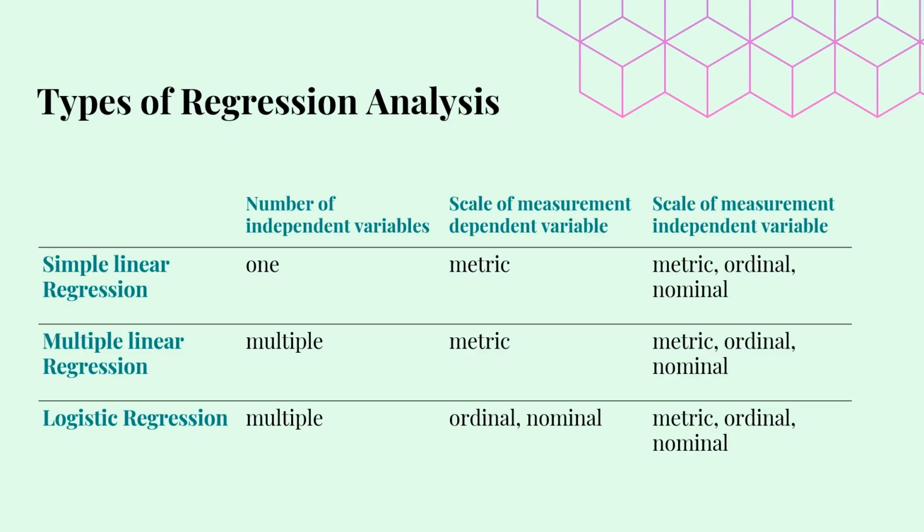So regression analysis has different types. It is divided into simple linear regression, multiple linear regression, and logistic regression. The type of regression analysis that should be used depends on the number of independent variables and the scale of measurement of the dependent variable. So as you can see in the table, if you only want to use one variable for prediction, you are going to use simple linear regression. If you use more than one variable, you need to perform a multiple regression.